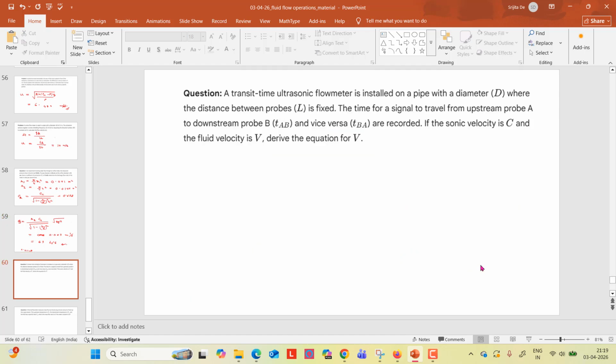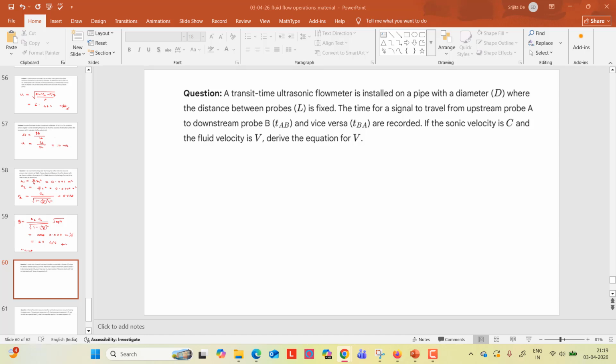The transit time ultrasonic flow meter is installed on a pipe with a diameter D where the distance between probes L is fixed. The time for a signal to travel from upstream probe A to downstream probe B and vice versa are recorded. If the sonic velocity is c and the fluid velocity is v, derive the equation.